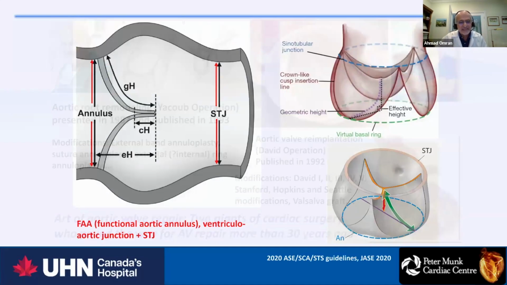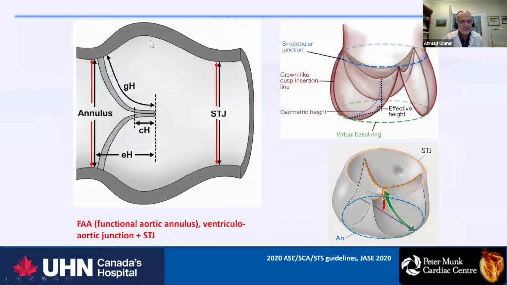This is the schematic diagram of the aortic root. As you see, the aortic root consists of the aortic annulus. We don't really have an annulus that we can measure. The one that we measure in the echo is called the virtual annulus. That's the red one. And we have the STJ. Usually the STJ in young people is a little bit smaller than the annulus. And then we have three leaflets.